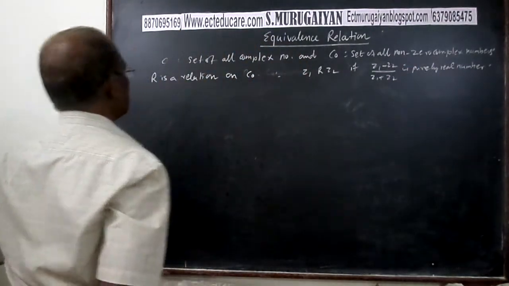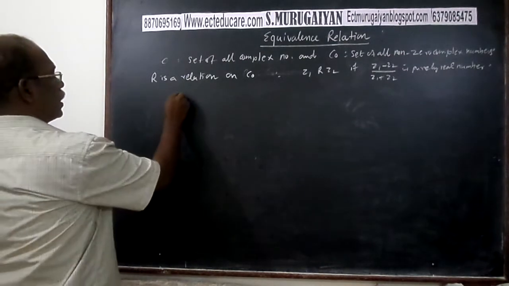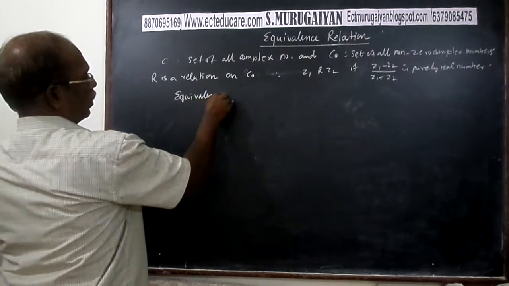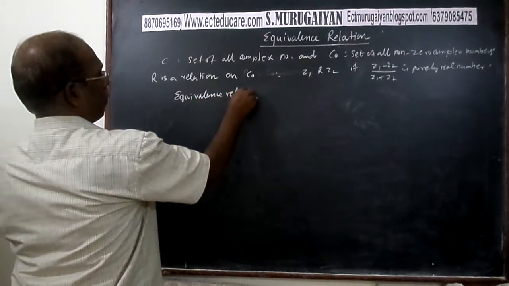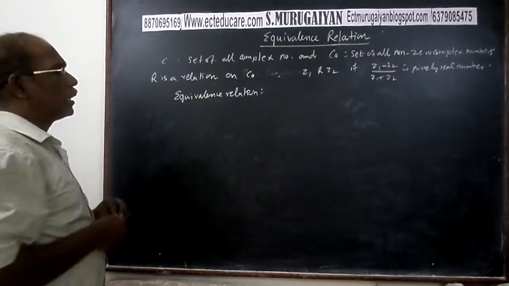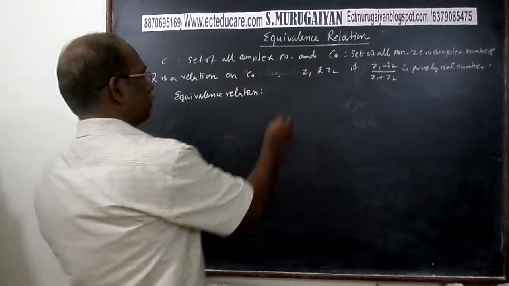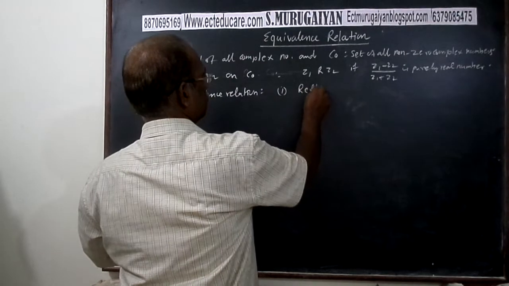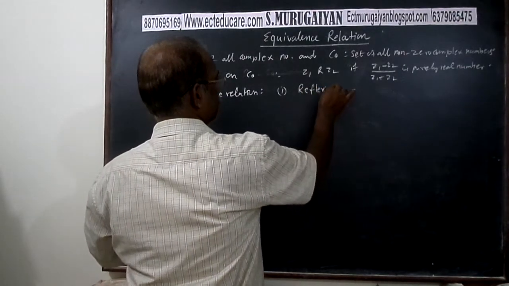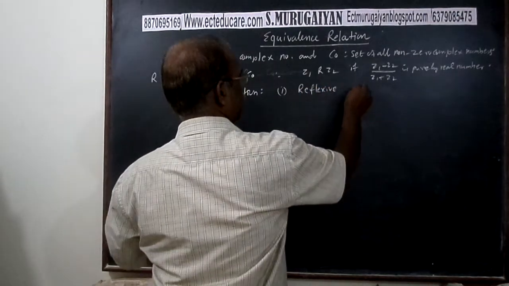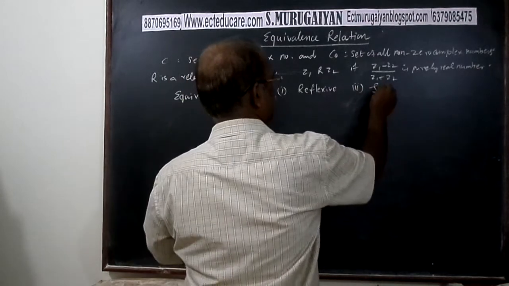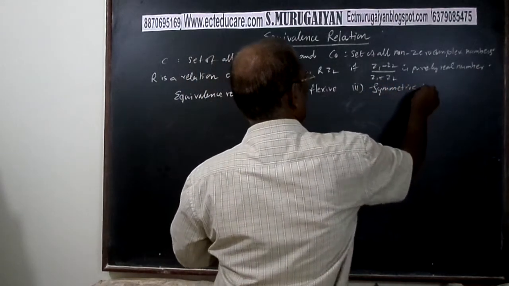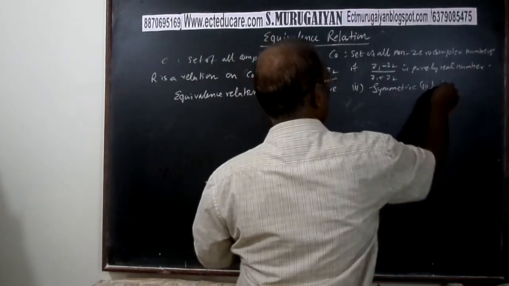Okay. Then what is an equivalence relation? We have to test three things. The first one, reflexive. The second one, symmetric. And the third one, transitive.